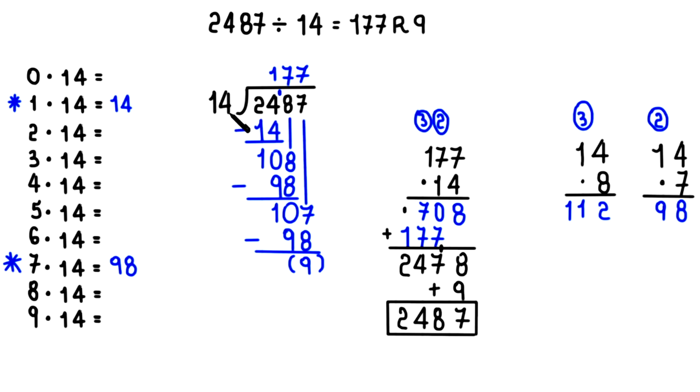And then the rest goes to you. Oh, so each person would receive 177 candies, and there would be a leftover of 9. Okay, that's correct. But I don't think that's very healthy.